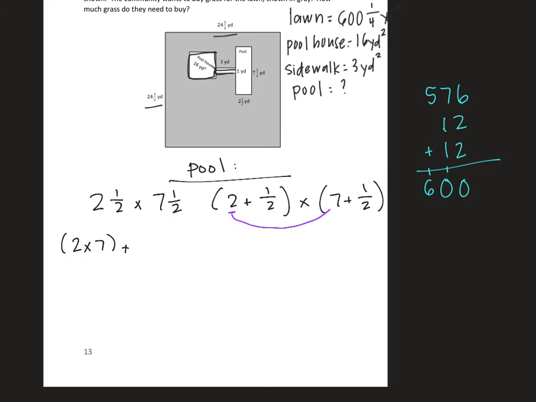Plus, then I'm going to multiply 2 times 1/2. Okay, then I'm going to start with the 1/2, and I'm going to say 1/2 times 7, my plus sign, and then finally I'm going to say 1/2 times 1/2.